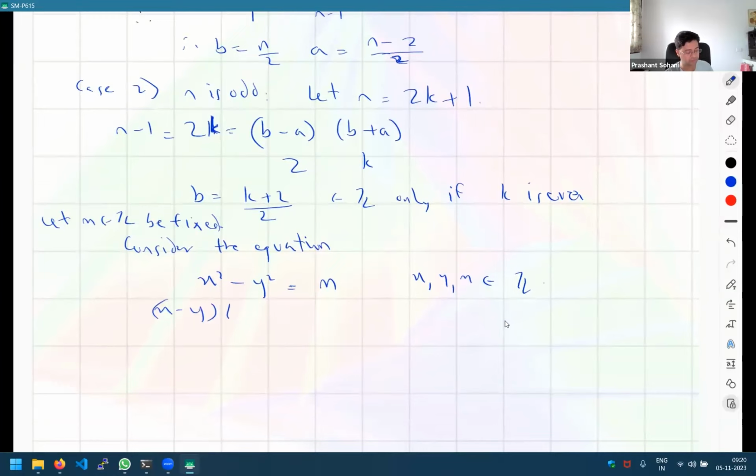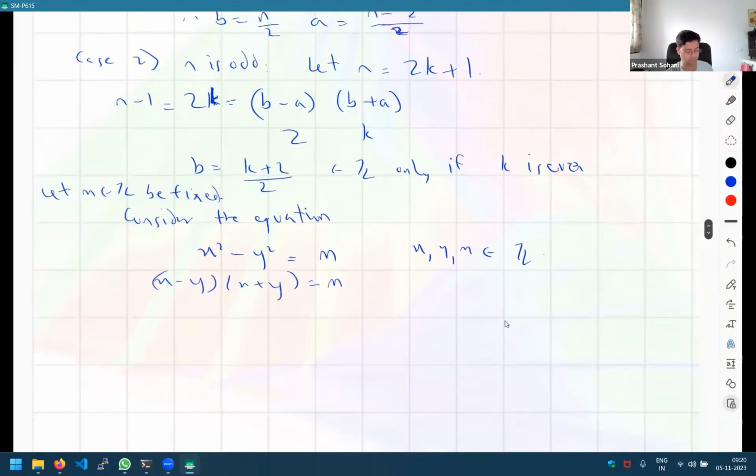So obviously the idea is we want to factorize this. Do you observe anything about the two terms on the left hand side, x minus y and x plus y? If you observe, they both have to be of the same parity, right?